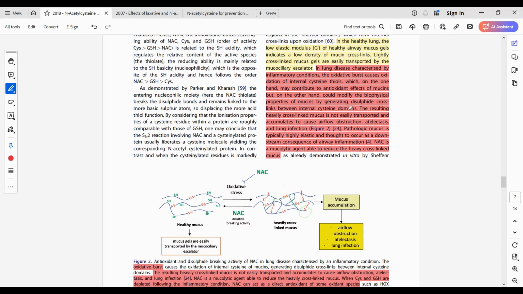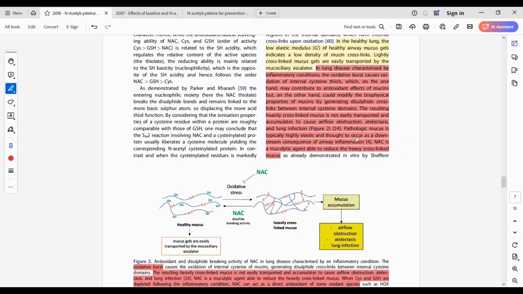The resulting heavily cross-linked mucus is not easily transported out of the lung by the cilia, by the hairs, and accumulates to cause airflow obstruction, atelectasis, and lung infection. Pathologic mucus is typically highly elastic and thought to occur as a downstream consequence of airway inflammation. NAC is a mucolytic agent able to reduce the heavy cross-linked mucus.